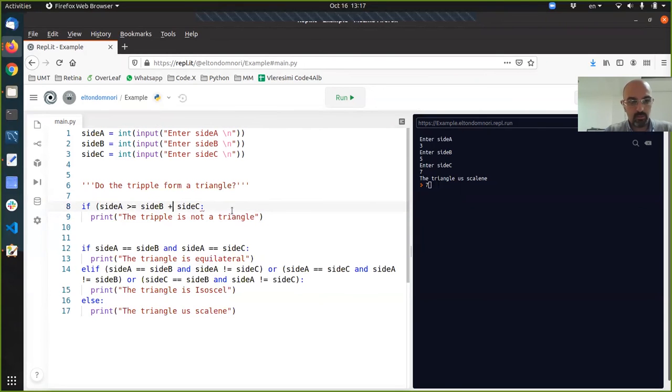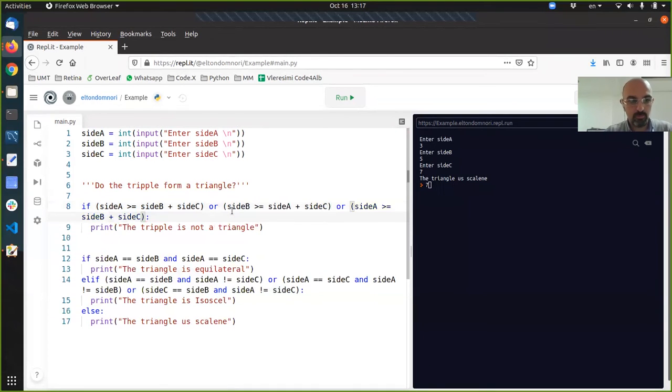Again, here we have 3 cases, so we have to consider the 3 possible combinations of the data that are input.